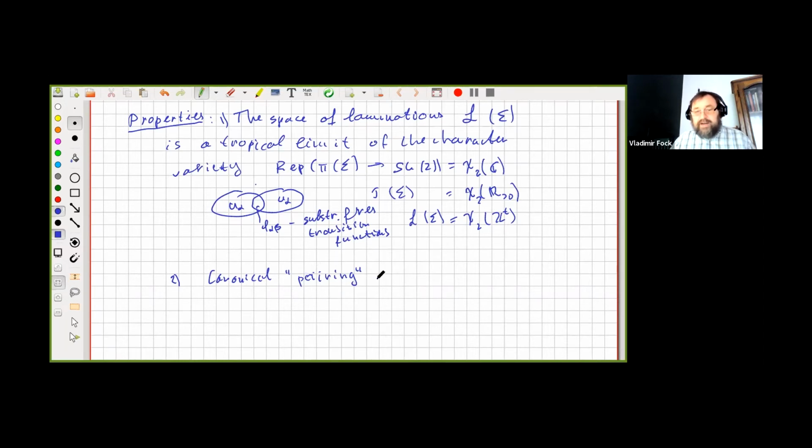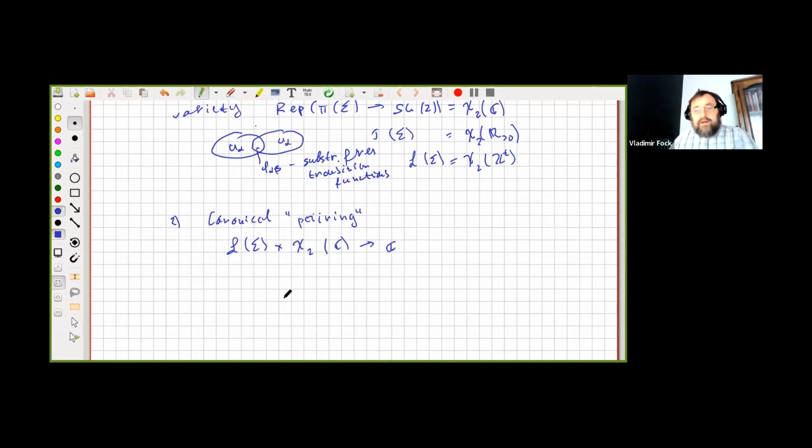So canonical pairing means you have a function which takes the lamination space L of sigma times this variety chi2, for example over C, but it's actually over any semi-field, and you send it to complex numbers.